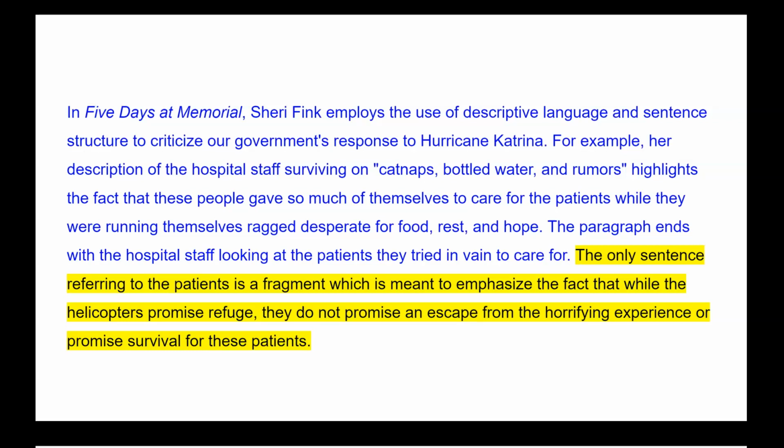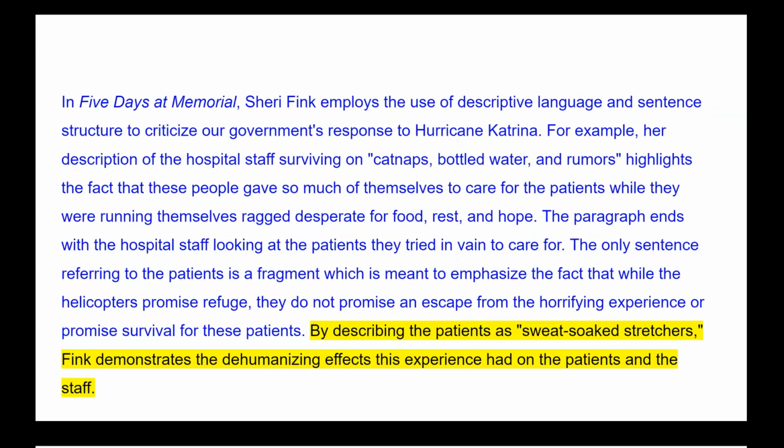So here's what I'm ending my paragraph with. By describing the patients as sweat-soaked stretchers, okay, so I have textual evidence again, Fink demonstrates the dehumanizing effects this experience had on the patients and the staff. Again, I'm adding in more of my commentary that is meant to explain the effects.